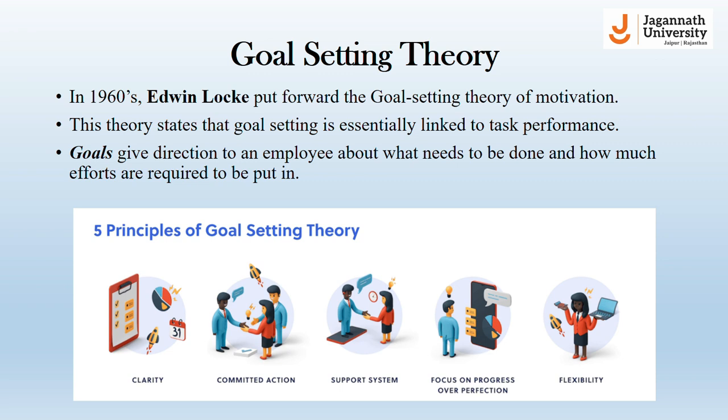At times some individuals indulge in making the task perfect, and that may lead to crossing the deadlines, and ultimately you are not able to achieve the target or goal. So goal setting says that focus on progress. Day after day you are achieving one task after another, and you are reaching closer to your goal, rather than focusing on polishing one thing to that extent that the rest are left behind.